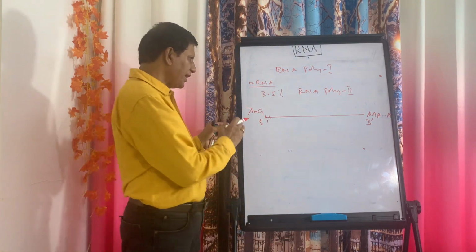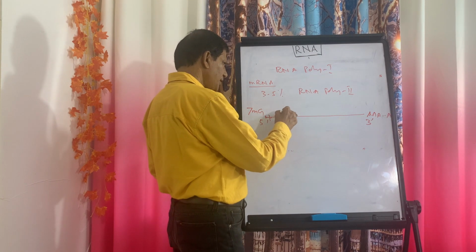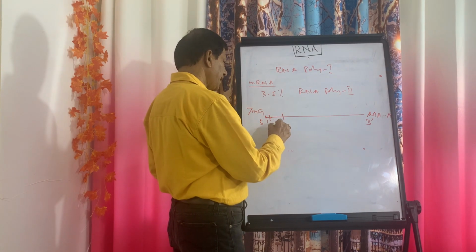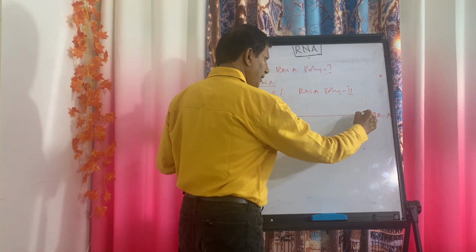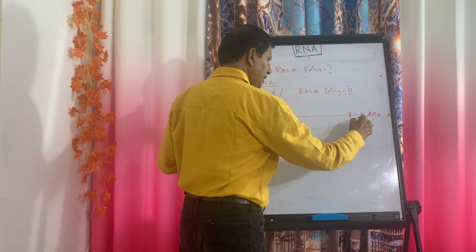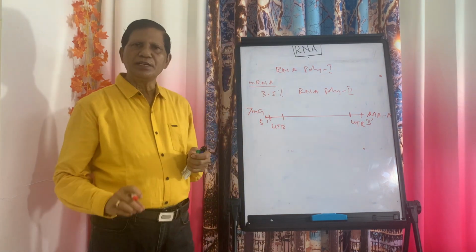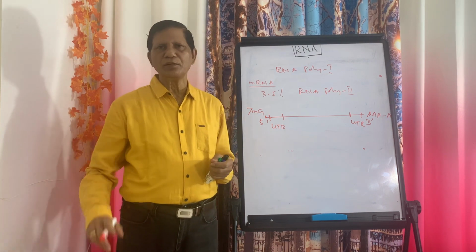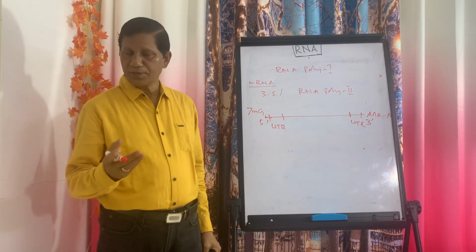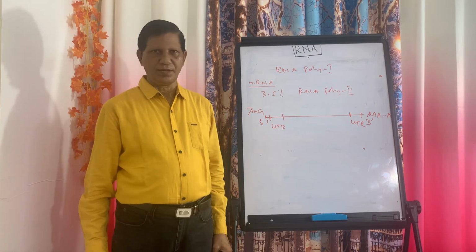Inner to the 5' end, there is a region known as the UTR. Similarly, inner to the 3' end, there is another UTR, untranslated region. That means the nucleotides present in those regions will not be translated into proteins. Why are they present? For efficiency of protein synthesis.